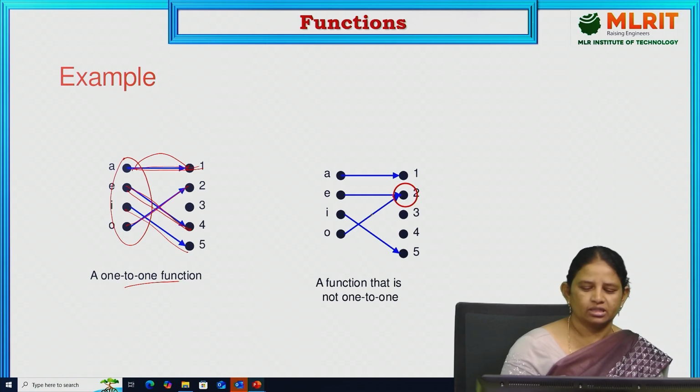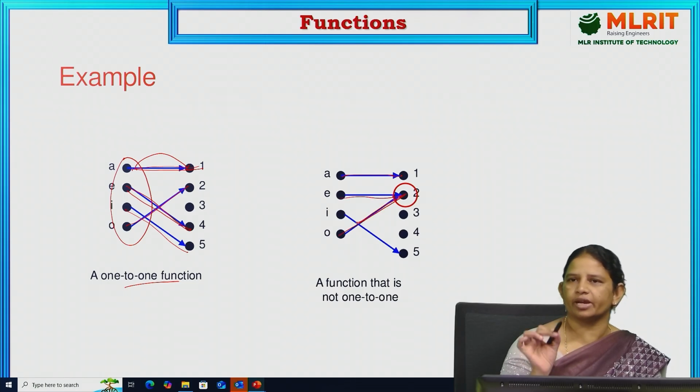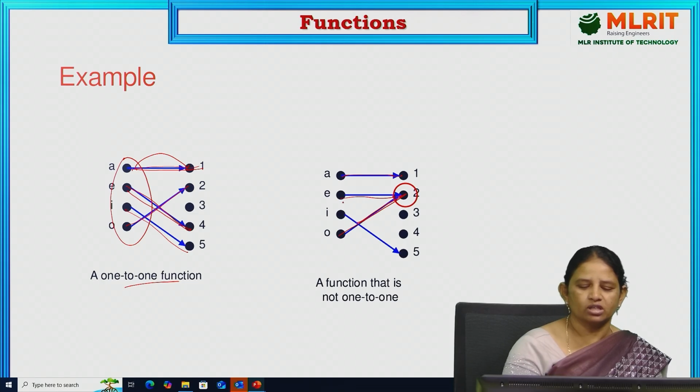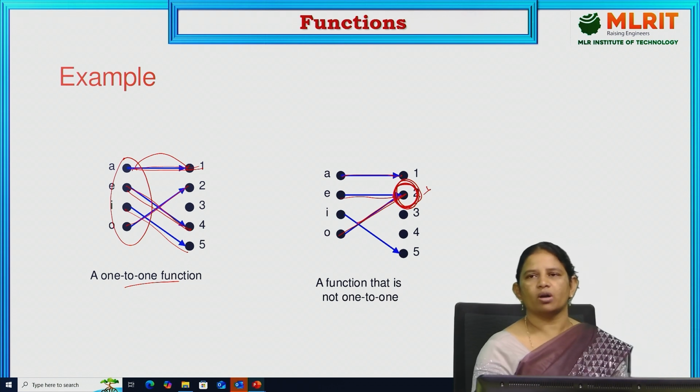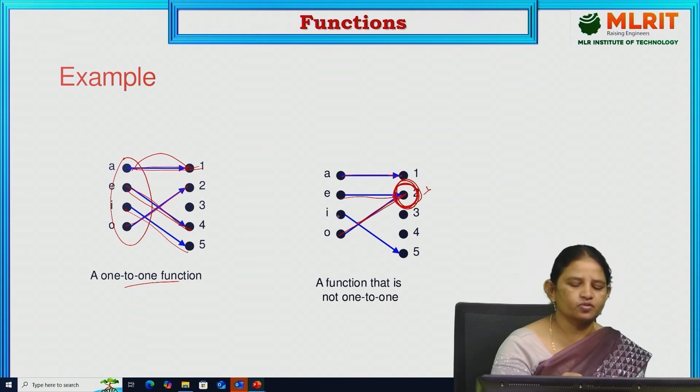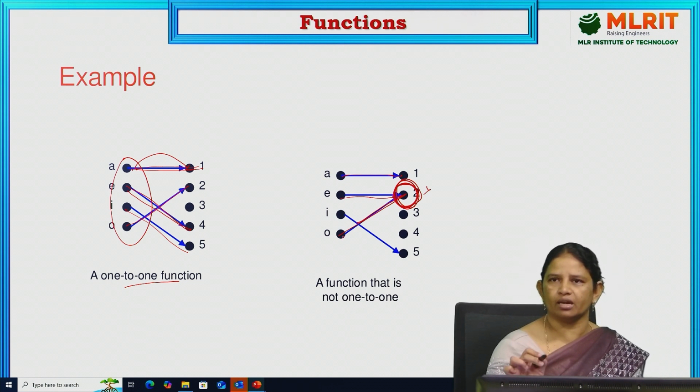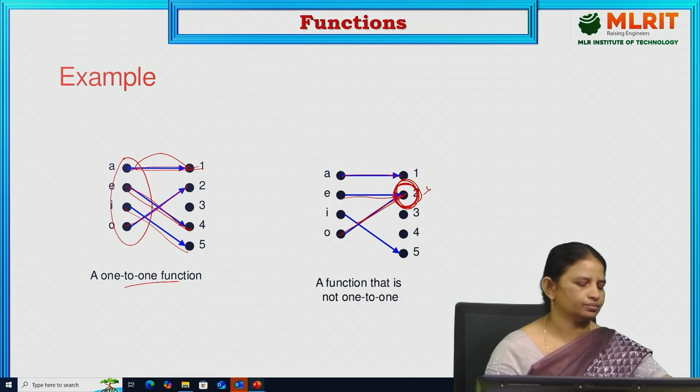Next, in the second example, A is mapped with 1, E is mapped with 2, and O is also mapped. Only one unique pre-image should be present, but for this element, two images are there. So it is not a one-to-one function. If every element of set A has a unique image in set B, then the function is said to be one-to-one.